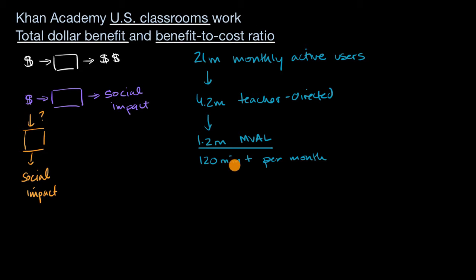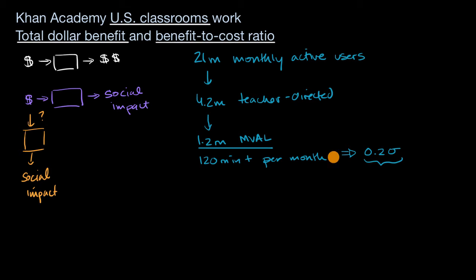We're seeing that 120 minutes or more per month in various studies is pointing to a roughly 0.2 standard deviation improvement in student outcomes, or an effect size of 0.2. And there's reason to believe that if Khan Academy is used in the correct ways and implemented in the correct ways, the impact could be much larger than this. And this would be roughly over a year.